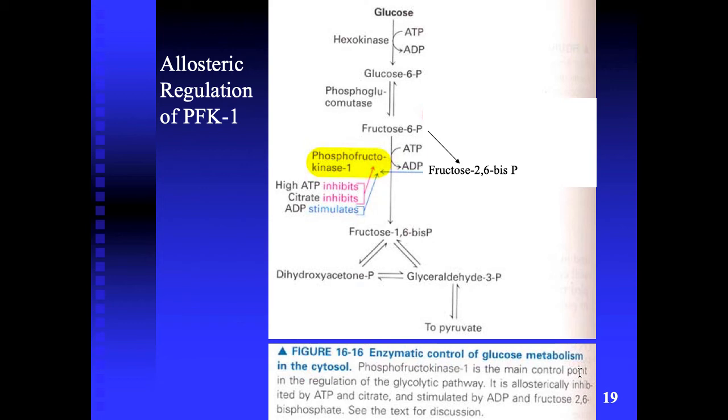Yes? So is fructose 2,6-bisphosphate like an intermediate? Or is it required in order for PFK to work? No, it's not required. Its major function is as an allosteric regulator. And the function of that would be so fructose 6-phosphate doesn't build up? Correct.